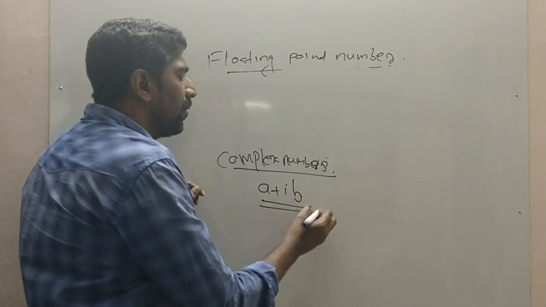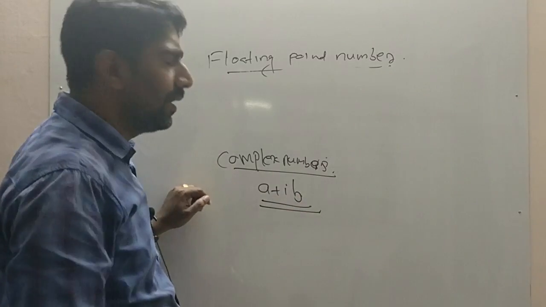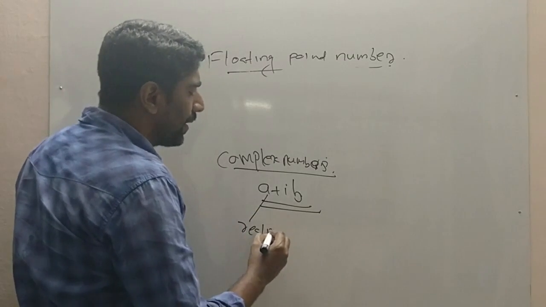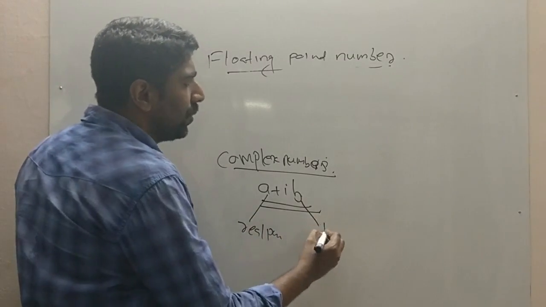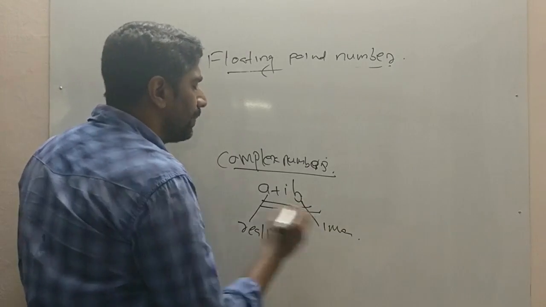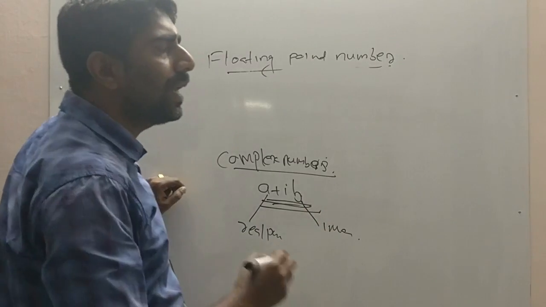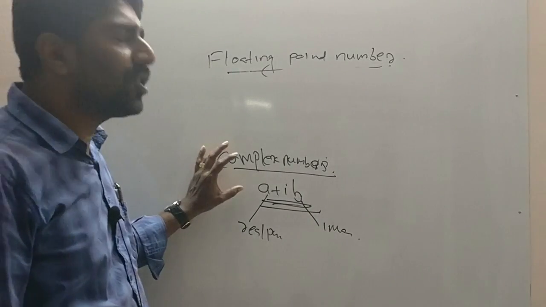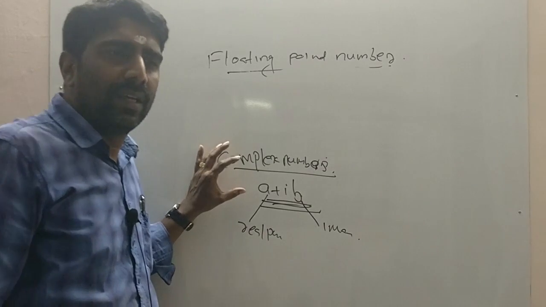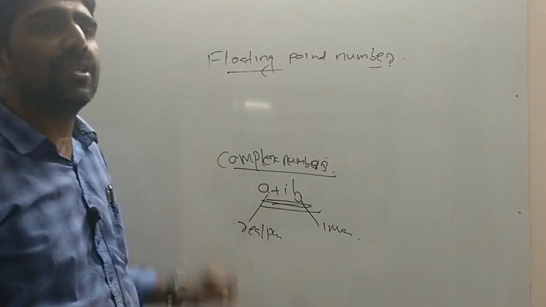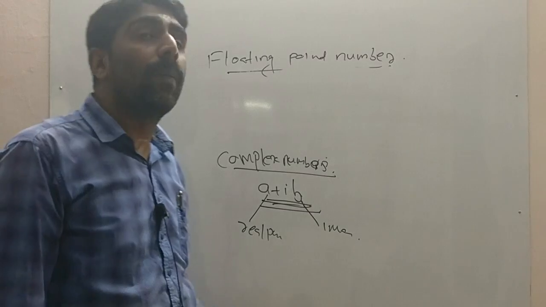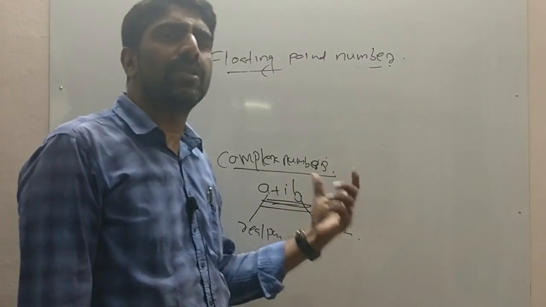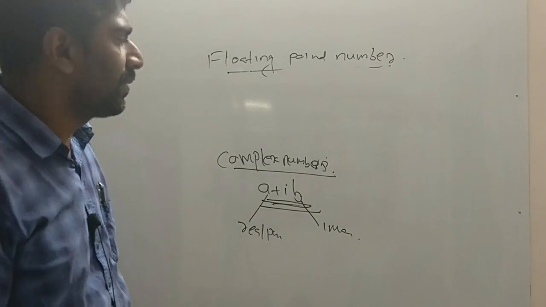Such numbers are called complex numbers. A is called the real part and B is called the imaginary part. Python supports complex numbers also, unlike other languages. Complex numbers means numbers of the form a plus ib.